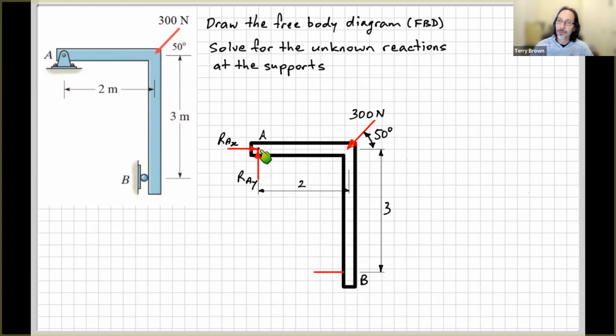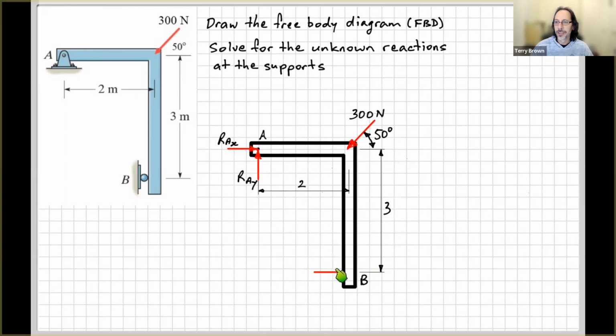If we imagine that we take moments about point A, this 300 newton force is going to tend to rotate this around clockwise about point A. Hopefully you can see that. If we push down here on this L-shaped beam, it will tend to want to rotate in a clockwise direction about point A. So for this thing to be in equilibrium, this force down here needs to push it so that we have an anti-clockwise rotation.